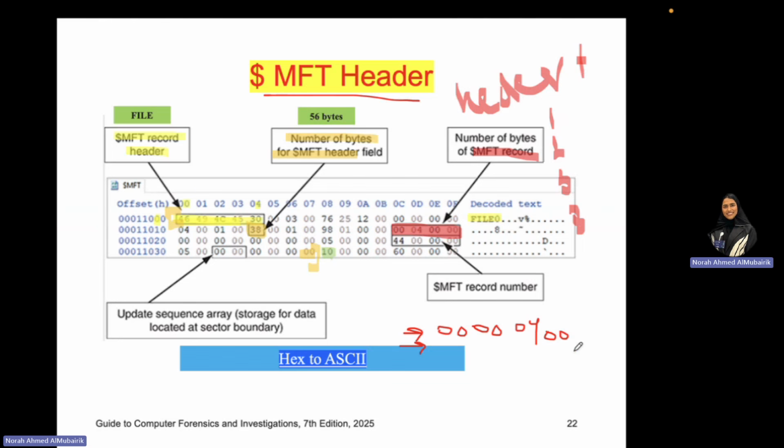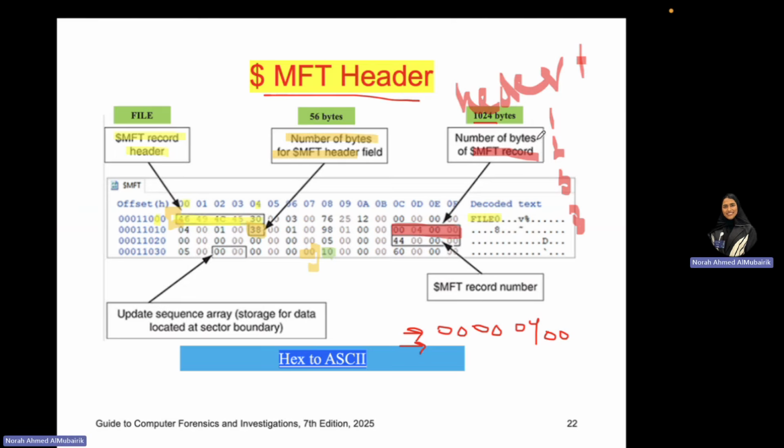In order to change it to decimal, I have to multiply by 16 to the power of 0, 16 to the power of 1, 16 to the power of 2. So it will be at the end 1024 bytes. This means that the whole MFT record consists of 1024 bytes. After 1024 bytes, I will be able to see another, different file with its information.